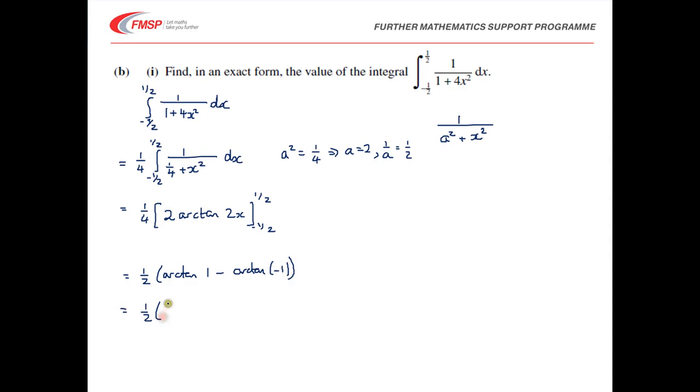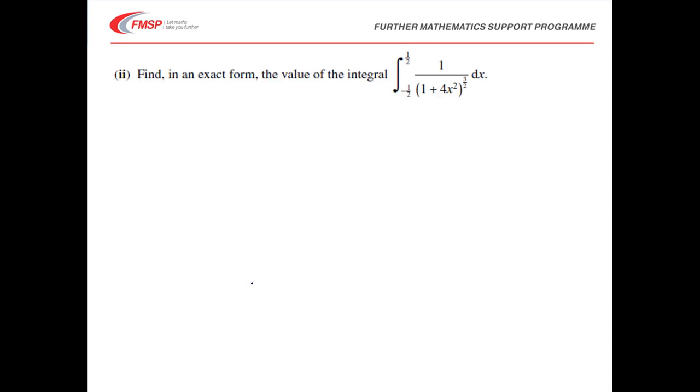Arctan of 1 is pi over 4, and arctan of minus 1 is minus pi over 4. So that's half of pi over 4 plus pi over 4, which is pi over 4. So that was really just about substituting into a formula in the formula book.